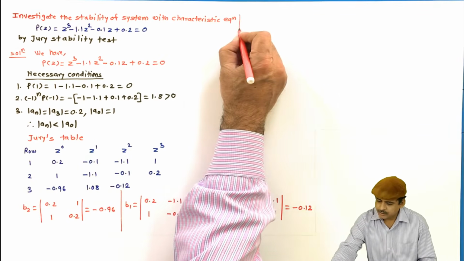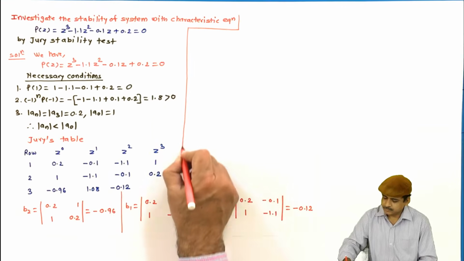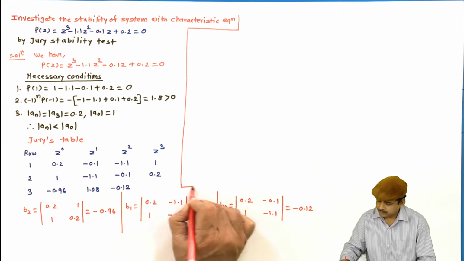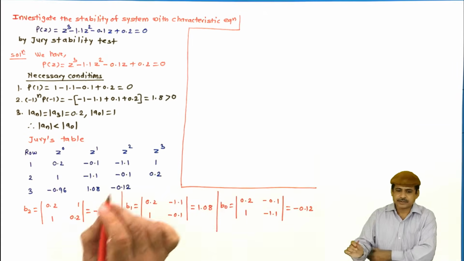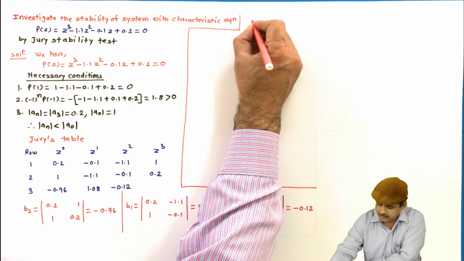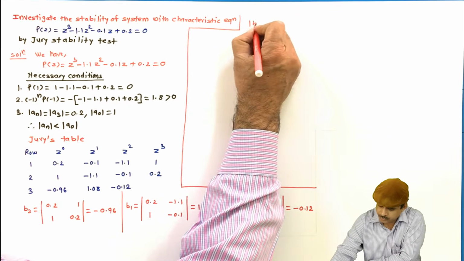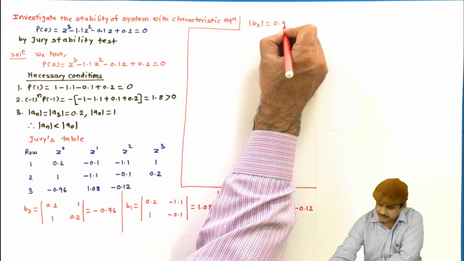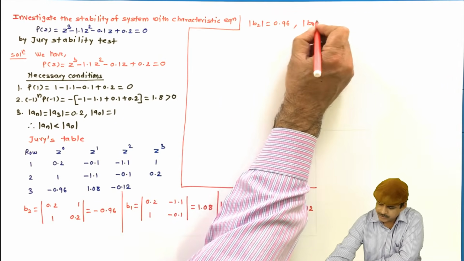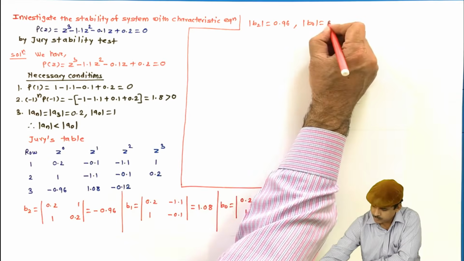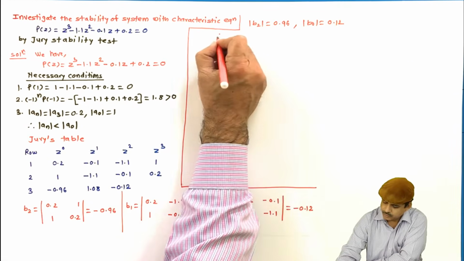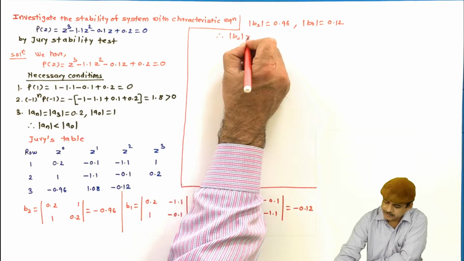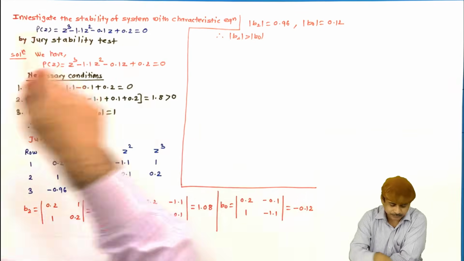And let us go for the sufficiency conditions. So what we have here, modulus of B2, modulus of -0.96 is 0.96, modulus of B0 is equal to 0.12, so modulus of B2 is greater than modulus of B0.